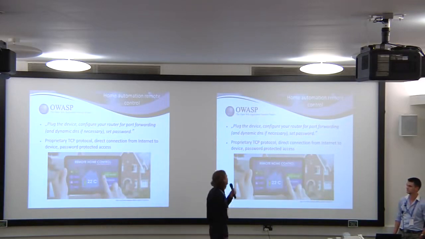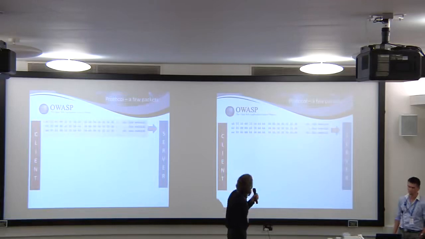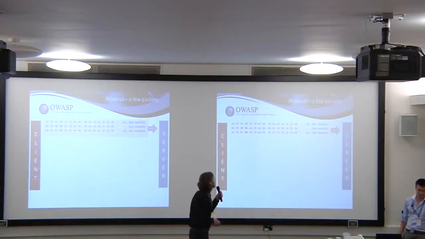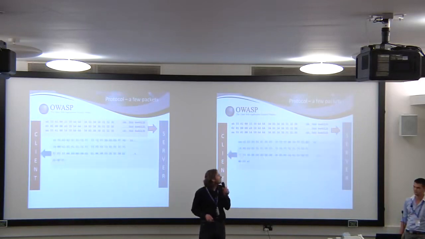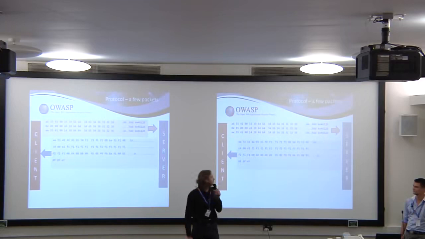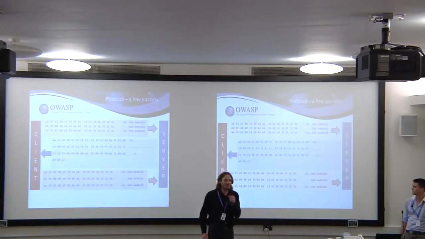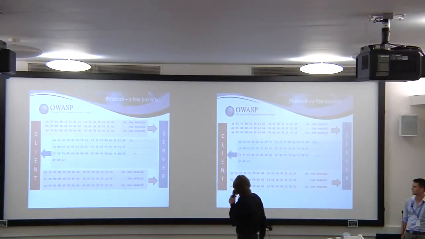So let's have a look at a few packets, how it looks. That's what the client sends, and that's the answer of the server. Then the client sends something like that, and the server sends, again, something similar. Can you think of something particularly interesting there?